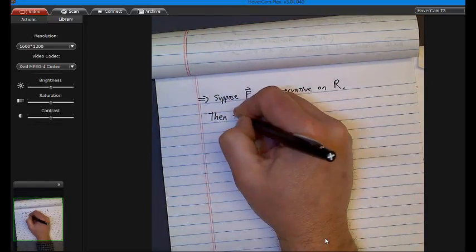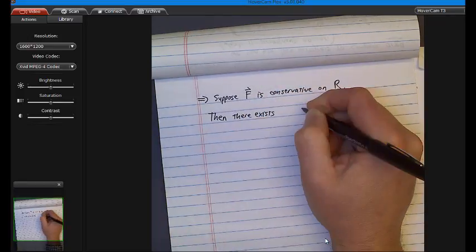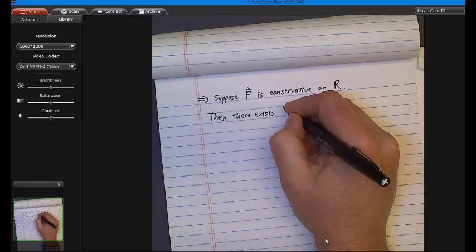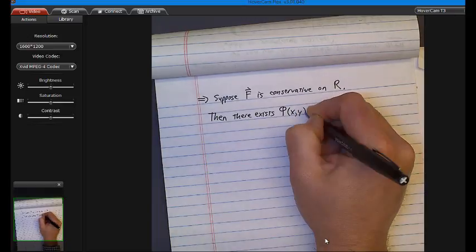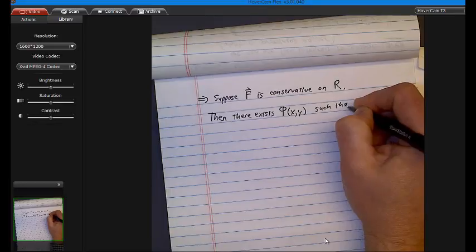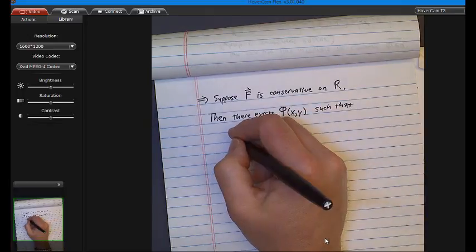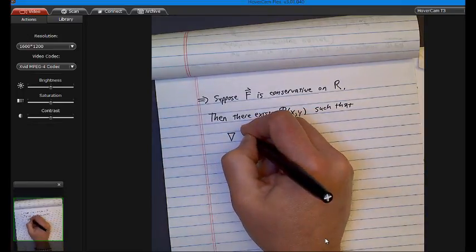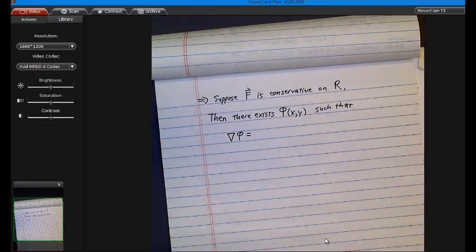Then there exists some function. What am I going to write, guys? Phi of x,y such that, what would I say? I would say the gradient of phi. What does that mean?